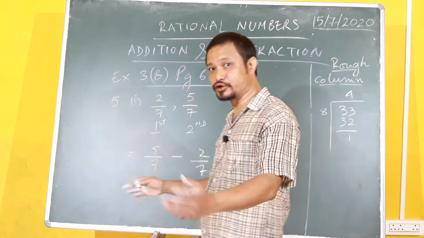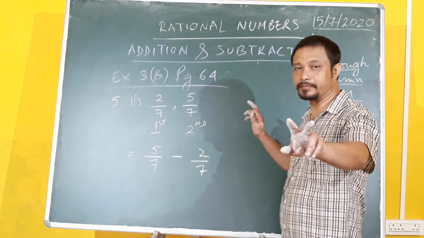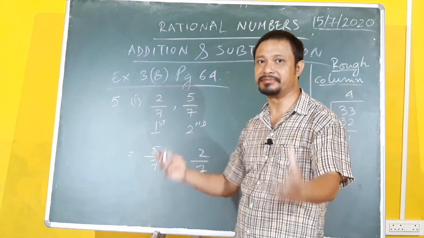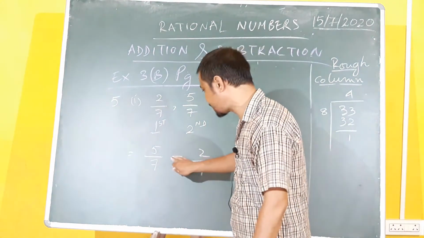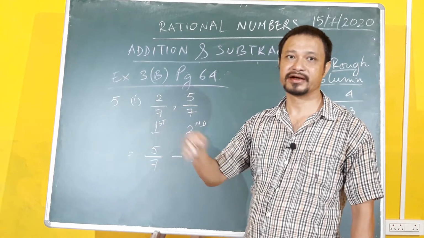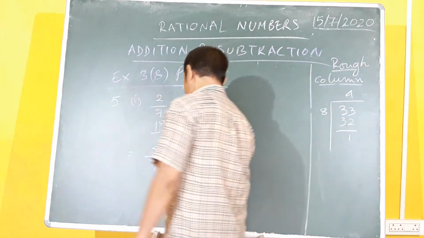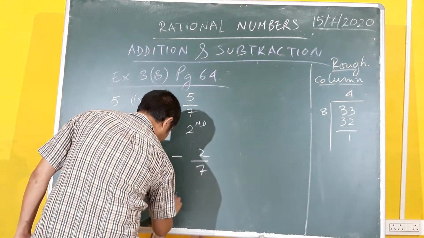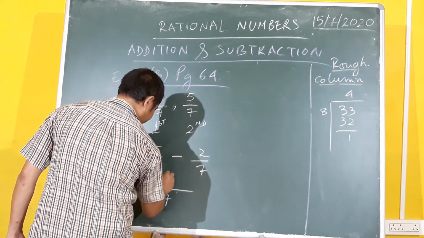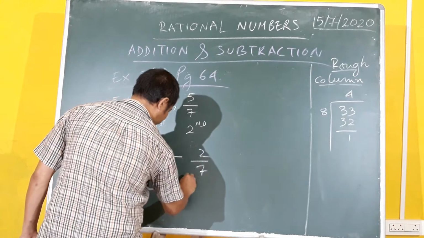Again, I told you, if two rational numbers or numbers in a fraction format meet and the relationship between them is addition or subtraction, what do you do? You go and find the LCM of the denominators. The LCM in this case is 7. So 7 ones are 7, 1 fives are 5, minus 7 ones are 7, 1 twos are 2.